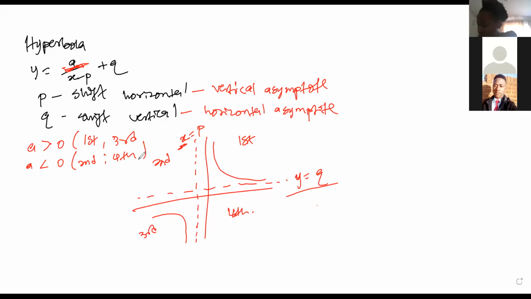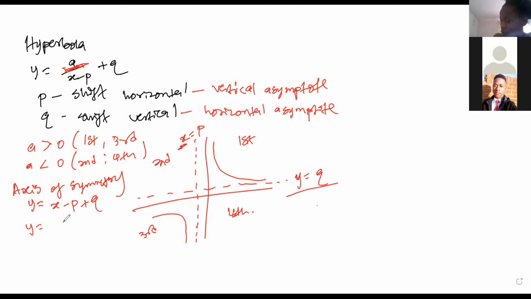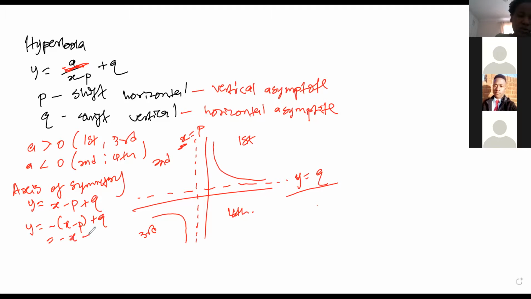Then what else is on the hyperbola? We've got the axis of symmetry. If they ask you about the axis of symmetry for a hyperbola, you've got the equation y equals x minus p plus q, and also y equals negative x minus p plus q, which you simplify to negative x plus p plus q.